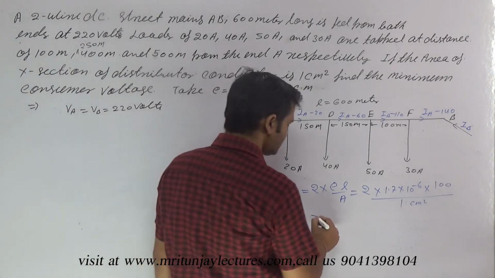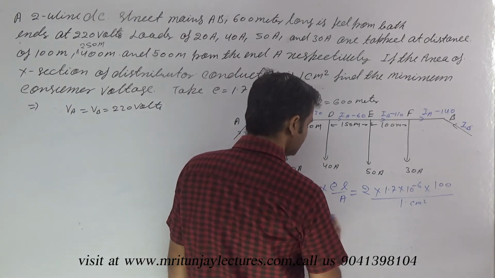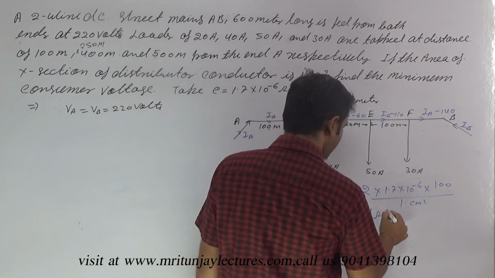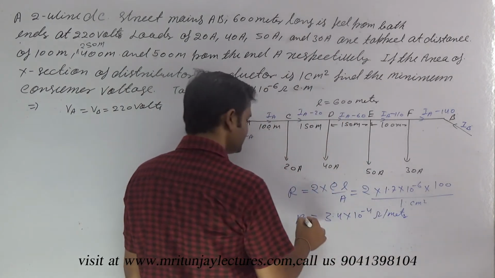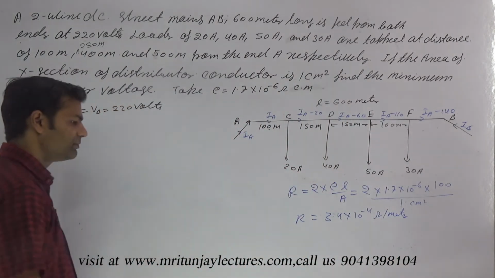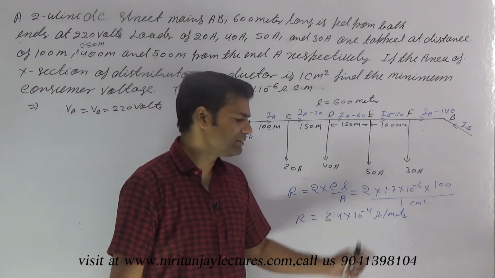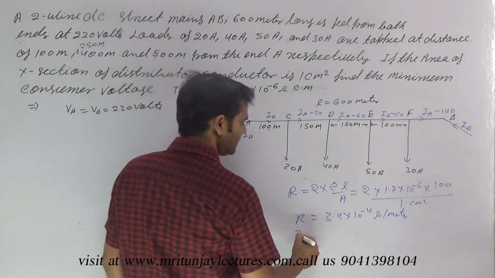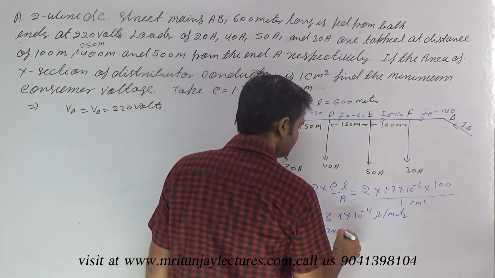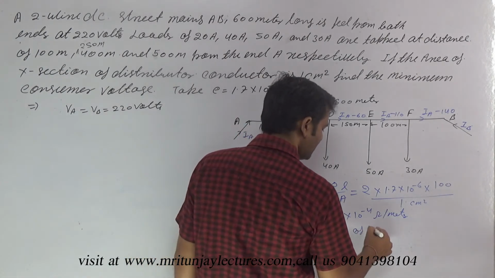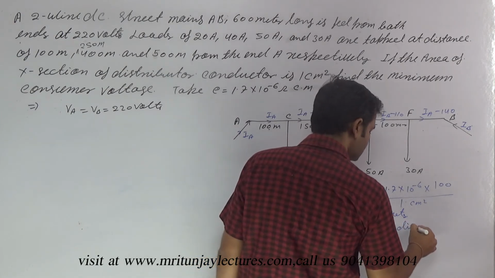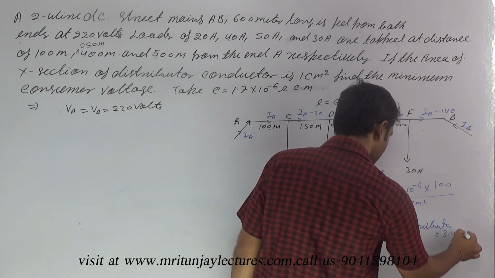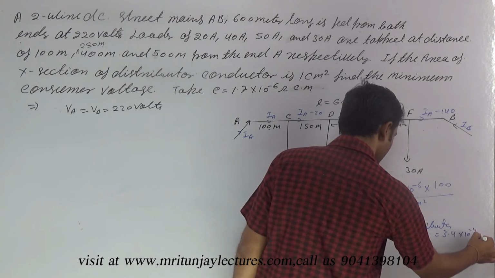So near about 3.4 into 10 to power minus 4 ohm per meter. That is the resistance of 1 meter length of the distributor: 3.4 into 10 to power minus 4 ohm.